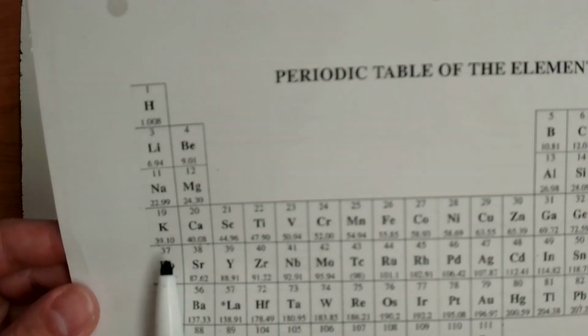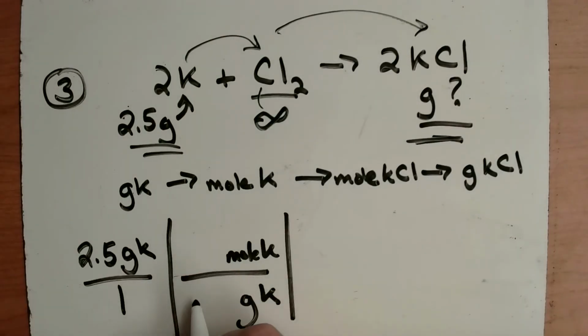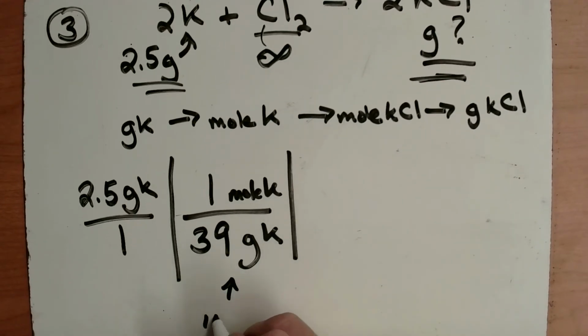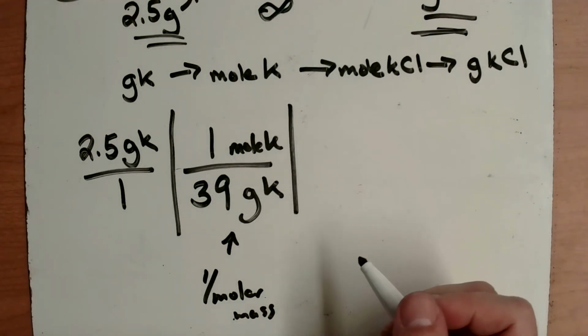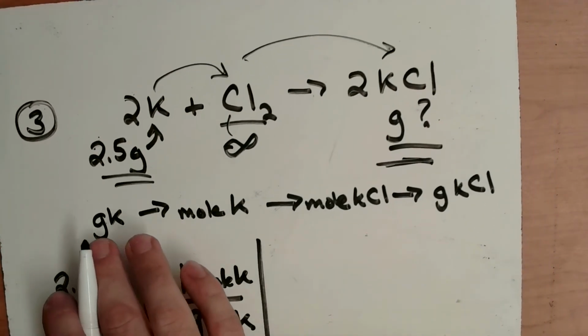So K has a molar mass of 39.1. I'm just going to round that to 39. So it's 39 grams of K for every 1 mole of K. You notice how this is kind of like 1 over the molar mass. So that will convert our grams of K to moles of K.